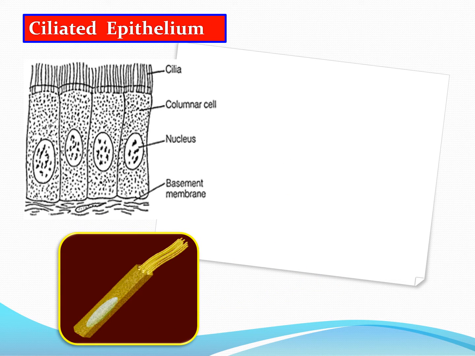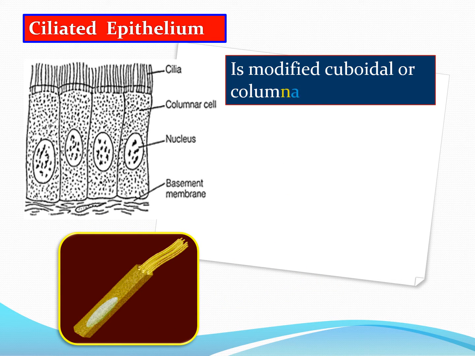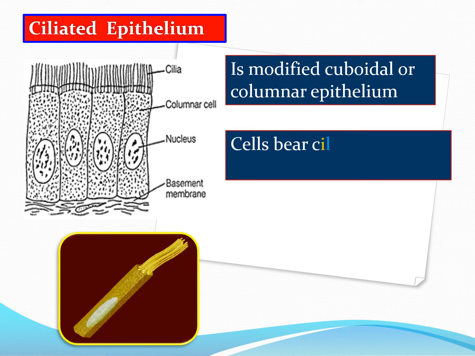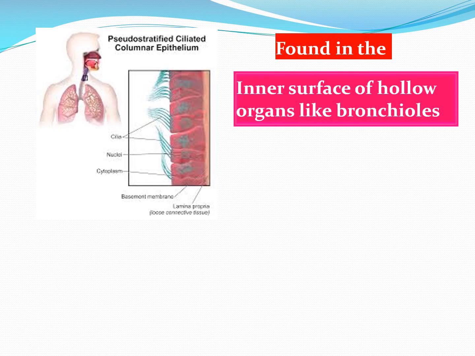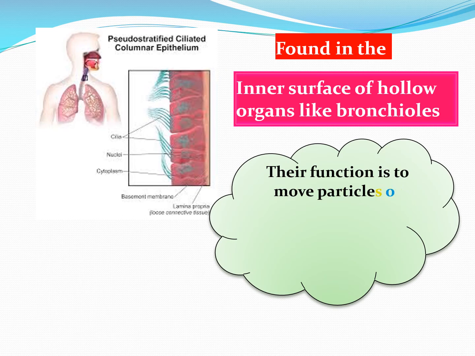The next one is ciliated epithelium. So it is a modified cuboidal or columnar epithelium. Cells bear cilia, that is hair-like structures, on their free surfaces. These are found in the inner surfaces of hollow organs like the bronchioles.